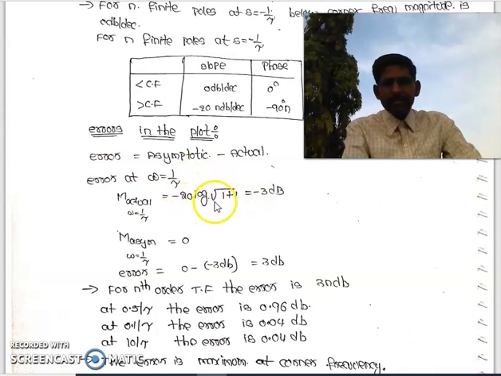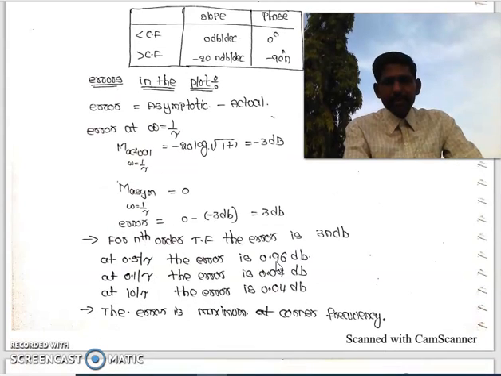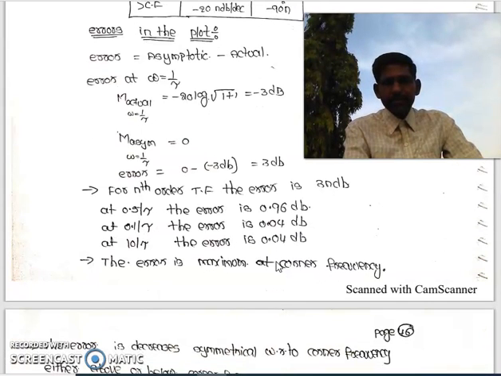This can be simplified as minus 3 dB. Asymptotic magnitude equal to 0 and error equal to 0 minus of minus 3 dB, that is 3 dB. For nth order transfer function, the error is 3n dB.